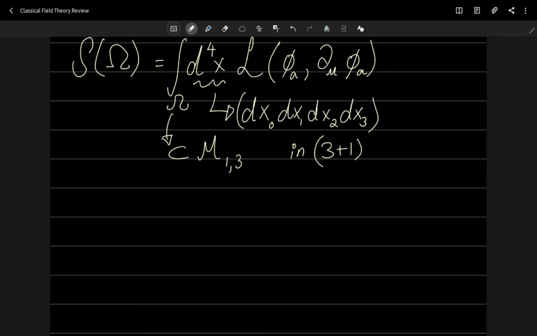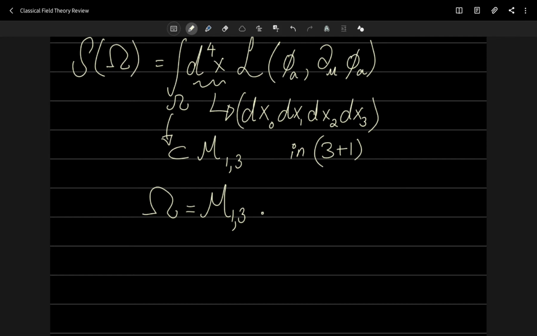Now typically we consider the space-time region as the entire Minkowski space. So we could then say that this omega is our M13, the entire Minkowski space.